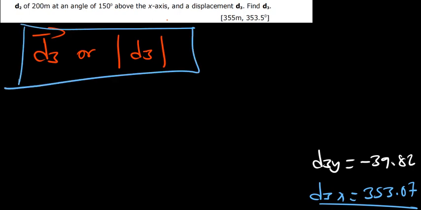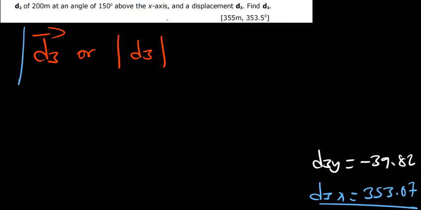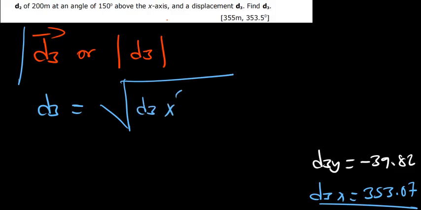If you just say the resultant vector of D3 is equal to the square root of D3x squared plus D3y squared, just like this, then they'll consider this as a scalar and not a vector. So you have to put an arrow on top, or you have to put it in modulus like the way I put it here.